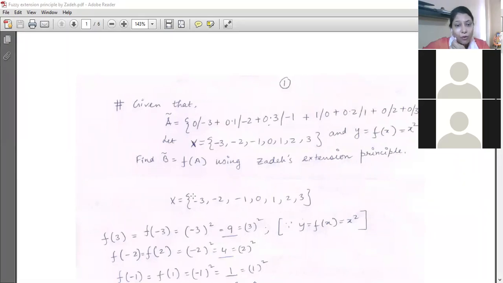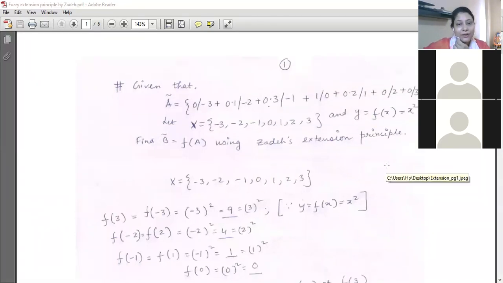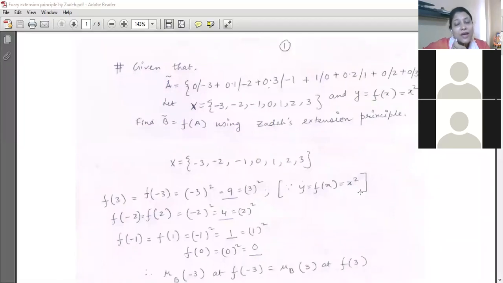We can form this X set even if we are not given it in the problem. Now, since y equal to f(x) equal to x square is given, automatically we know that these are all x1, x2, x3 and so on.